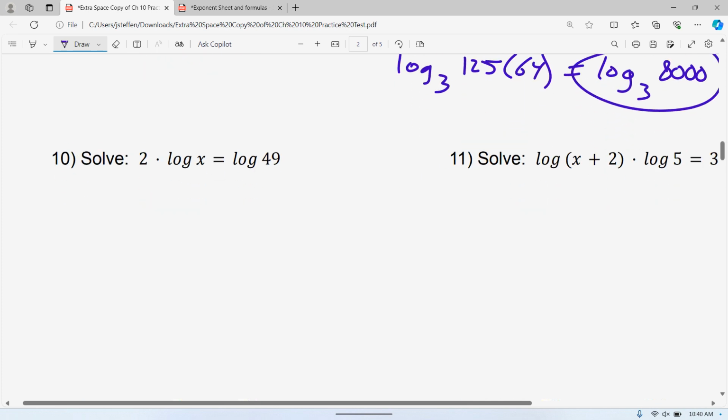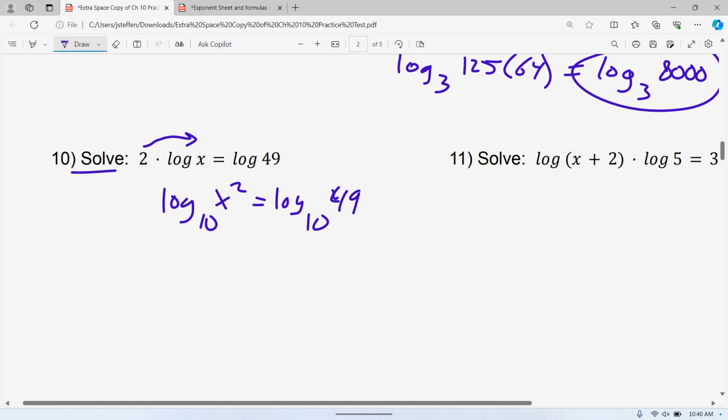Number 11 is different because now remember there's 2 types of problems like this. One of them has logs on both sides. One of them just has logs on one side of your equal sign. So those are done a little bit different. We'll find this out. So that 2 goes next. Technically, if you want to put base 10, you can. As long as you know the bases, that's really what matters in this problem.